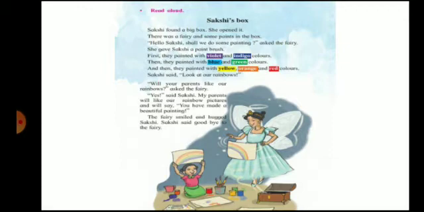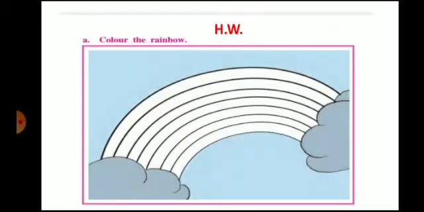Okay. Now on the next page, that is on page number 36, there is a picture of the rainbow, and you have to color this rainbow, and you have to follow the sequence of the rainbow.